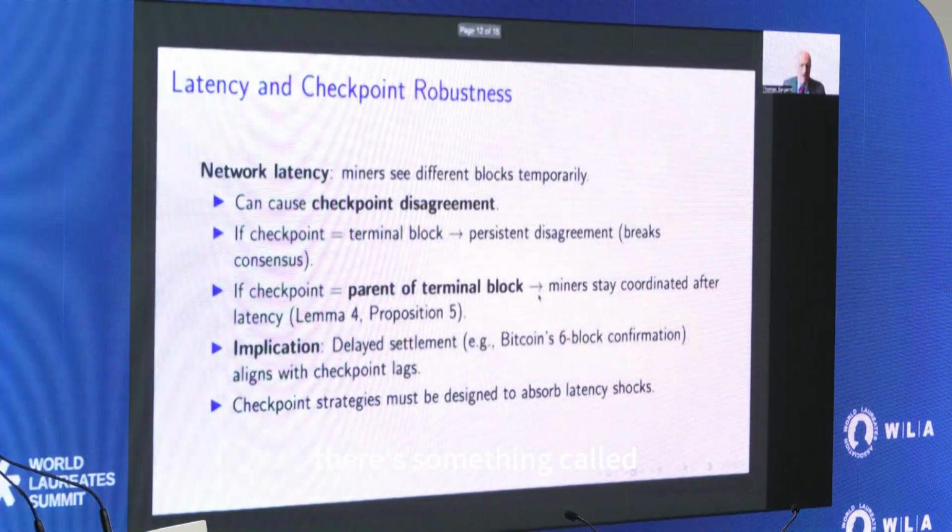So there's something called latency, which is an additional difficulty. It can cause checkpoint disagreement. So when this happens, it delays settlement. So latency is a problem for their mechanism, and they have to devise these checkpoint strategies to absorb latency shocks.